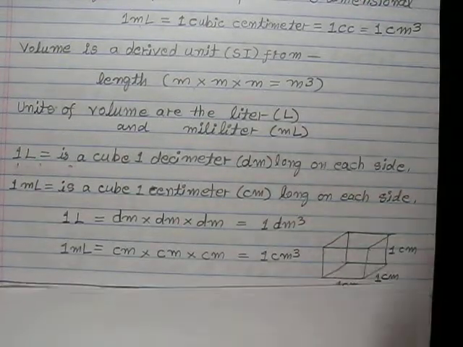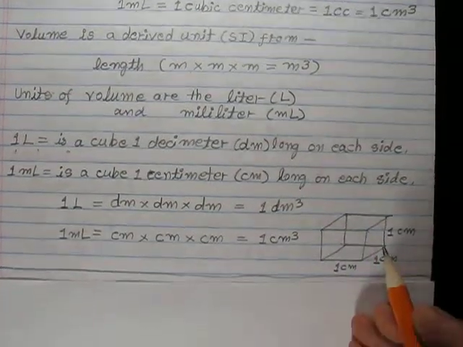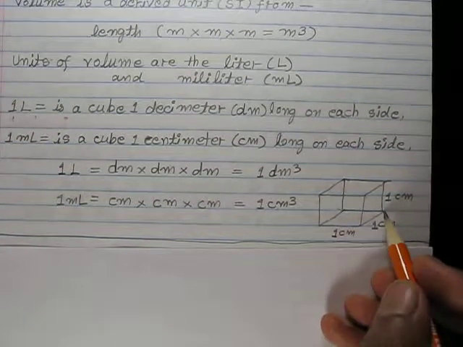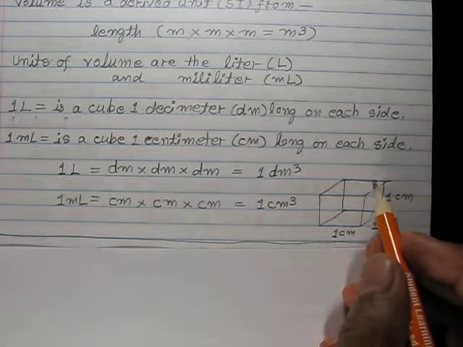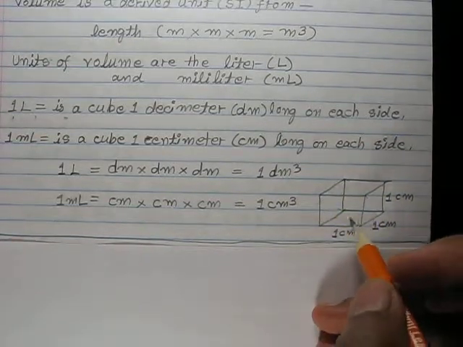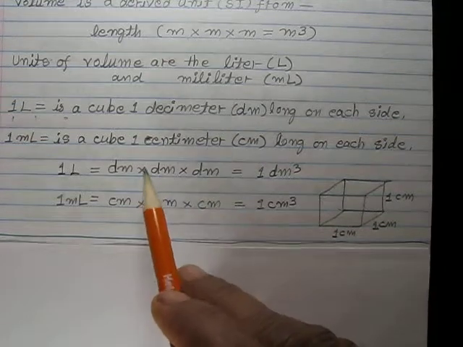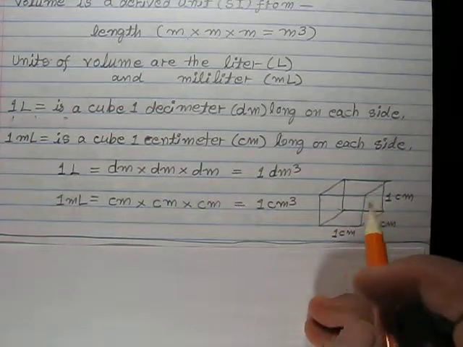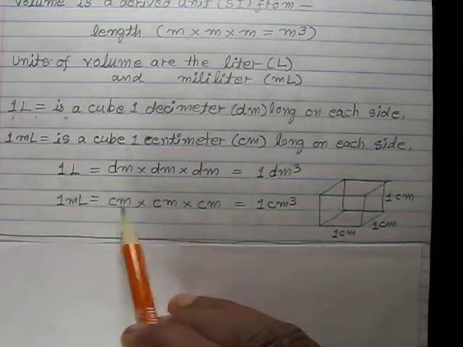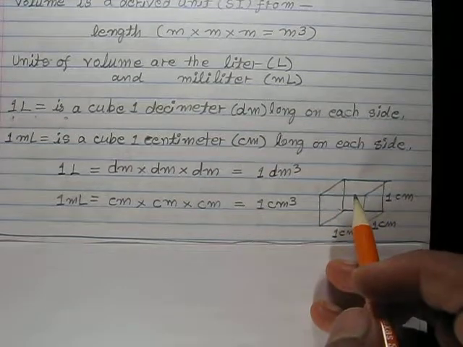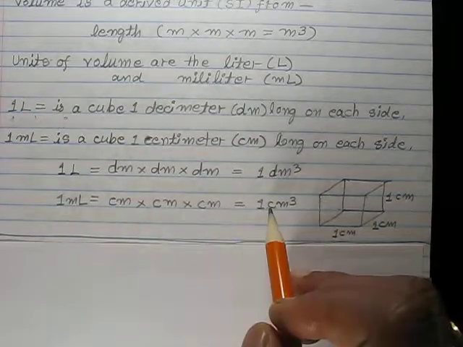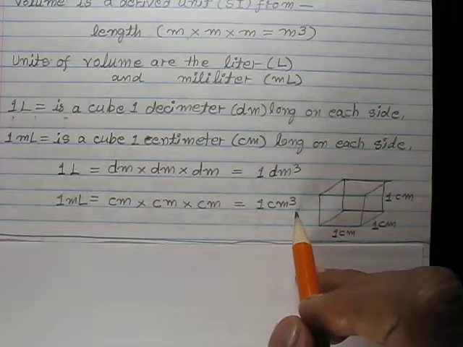So this box has 1 centimeter length, 1 centimeter width, 1 centimeter height. This cube is 1 centimeter on each side. When we multiply 1 by 1 by 1, the volume of this 1 centimeter cube will be equal to 1 ml, or we can say 1 cc or 1 centimeter cube.